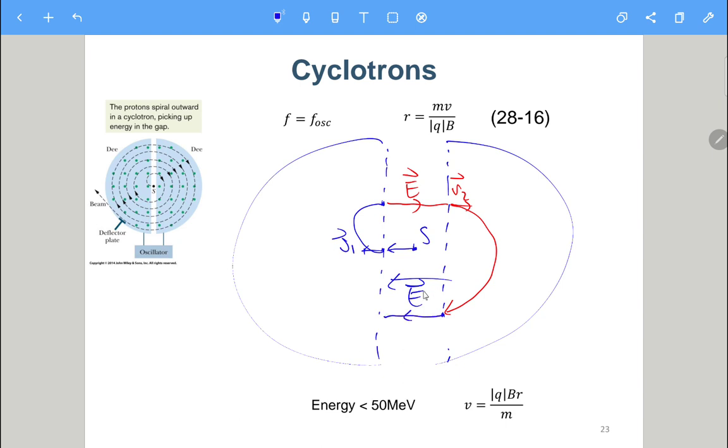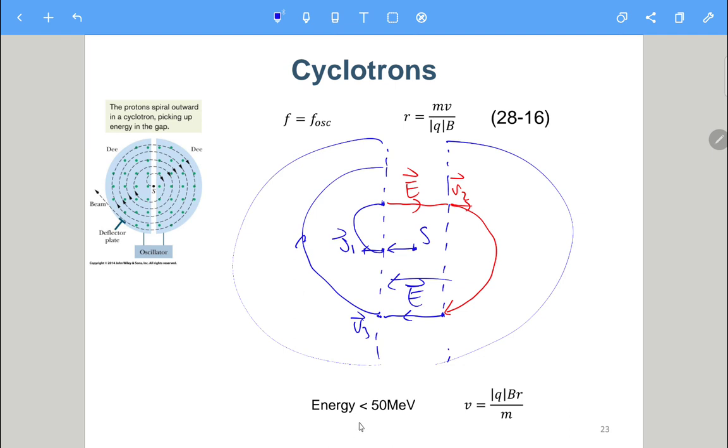And of course we need to change it back to the E field pointing to the left side, and then we will have v3 here, and v3 is larger than v2, so it has a larger radius like this. So it will keep on doing this procedure until it shoots out somewhere. So the mechanism of the cyclotron is like that.